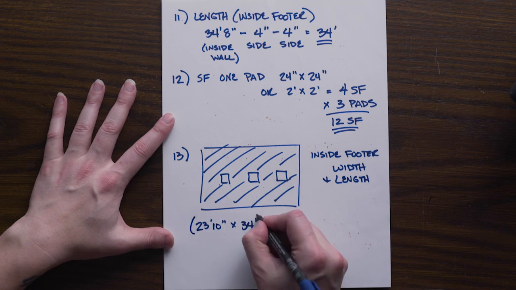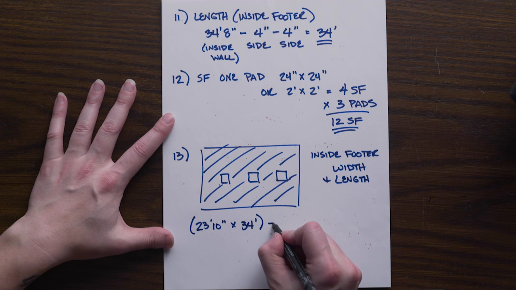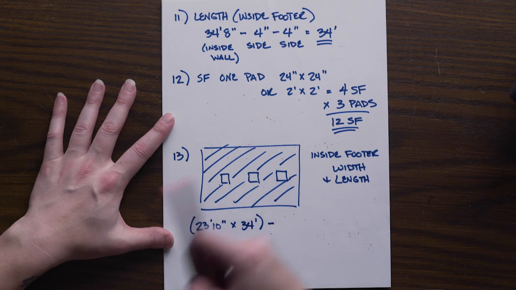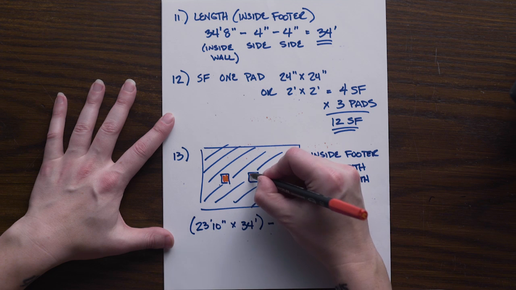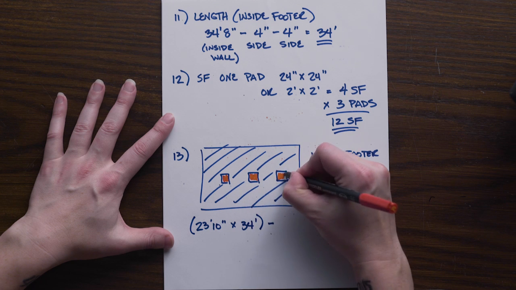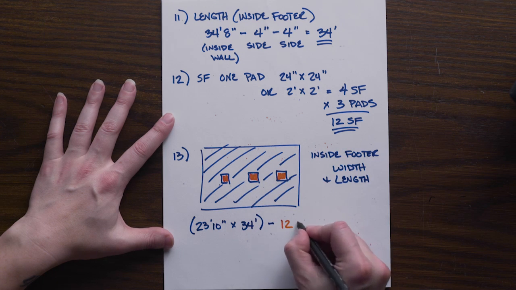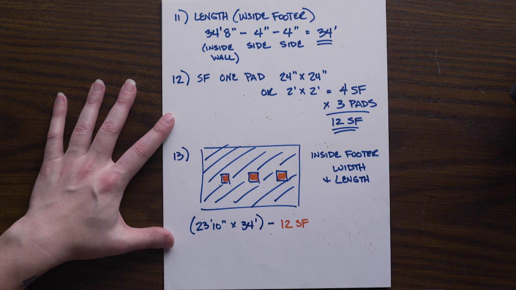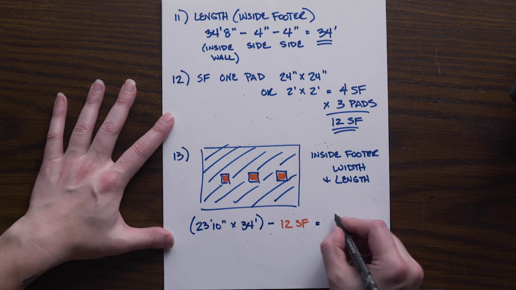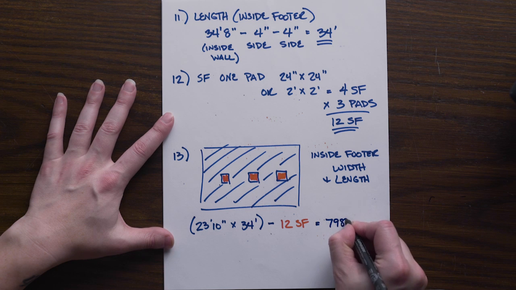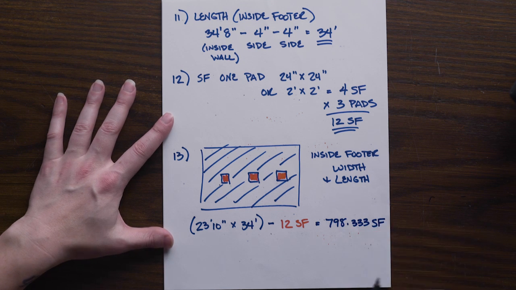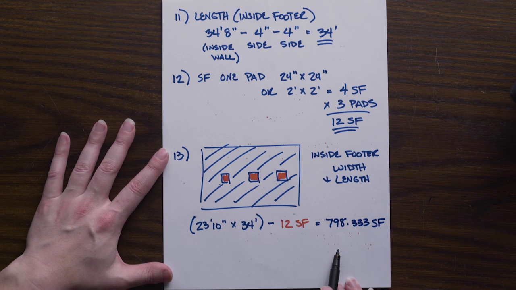If we multiply that together, we can then subtract out the square footage that is these footing pads. These areas will not be included in our non-settling fill, so we need to get rid of that. We end up with a total of 798.3 repeating square feet.